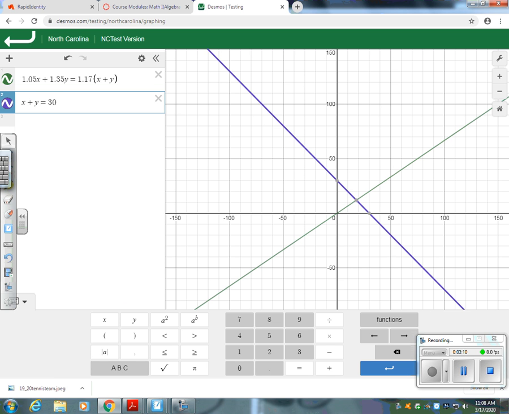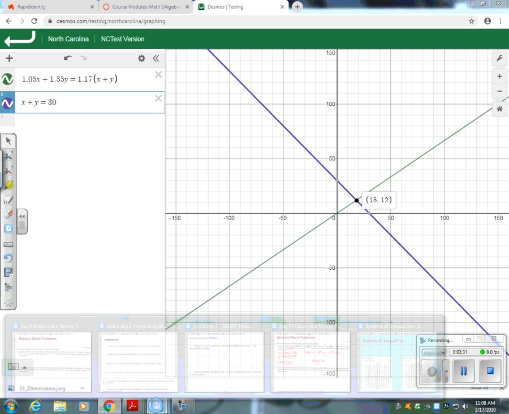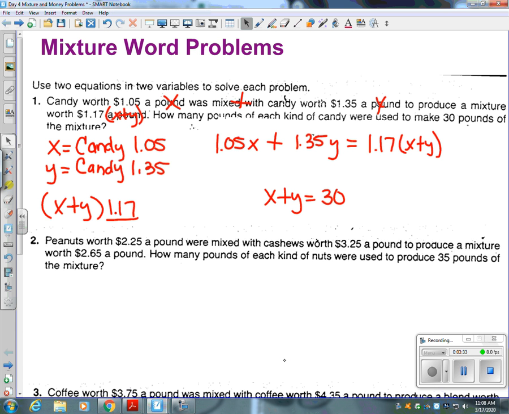And you can see that we have an intersection, and at the intersection we have 18 and 12. Remember that X represented our $1.05 a pound candy, and our 12 represents our $1.35 a pound candy, the different types of candy. So we're going to come back here, and it says how many pounds.